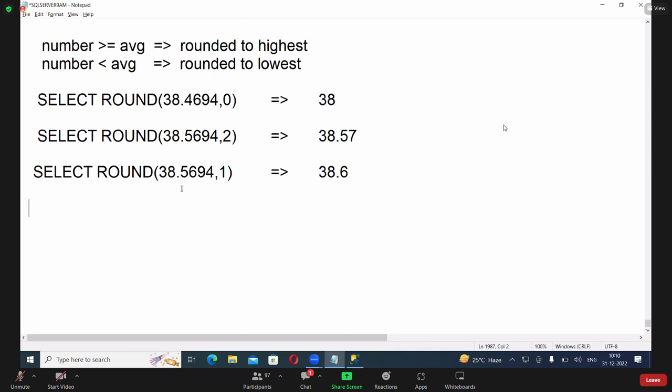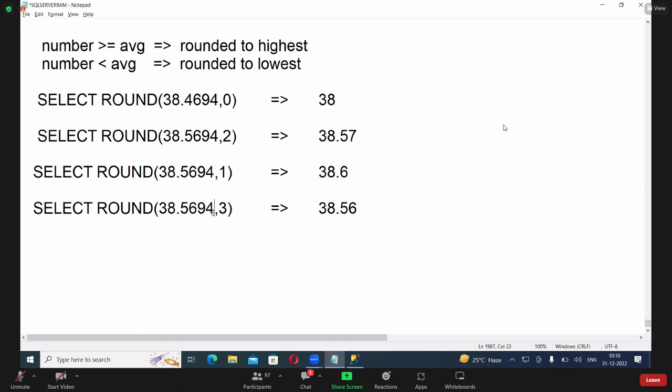Now, if I say 3 here, then 38 point what? 569. Why 9? Look at this: 5, 6, 9. If the next digit is 5 or above 5, this 9 is rounded to 10.